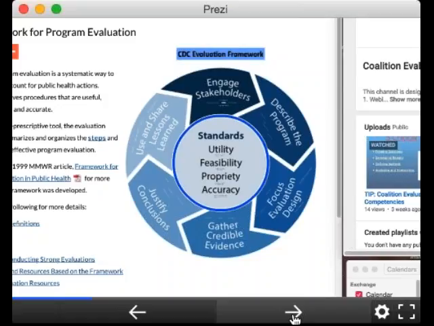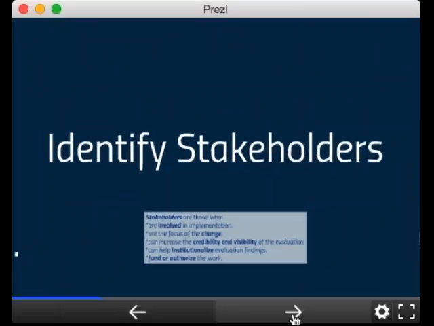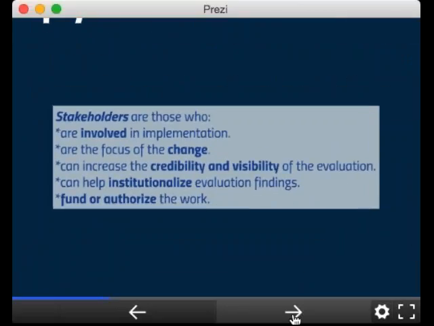So we asked folks to identify who stakeholders were, or how they are able to do that. And most people said that they identified stakeholders by people who might have an interest or who might be impacted by what is happening. So we want to start there. How do we engage stakeholders? And the first is, in fact, to identify who the stakeholders are for the evaluation. There are some guidelines to think about who should be involved in the evaluation as a stakeholder.